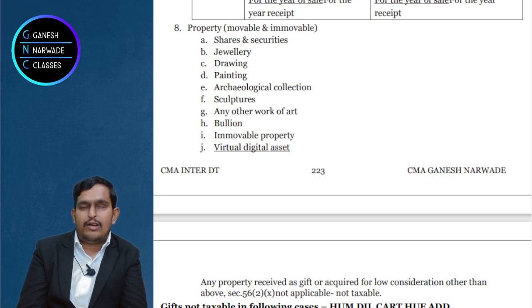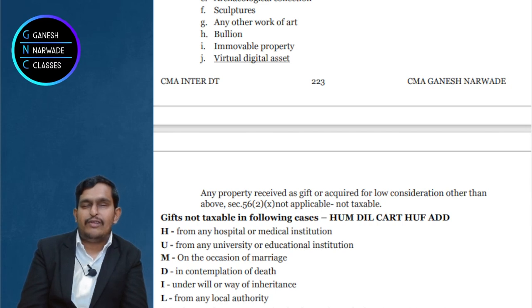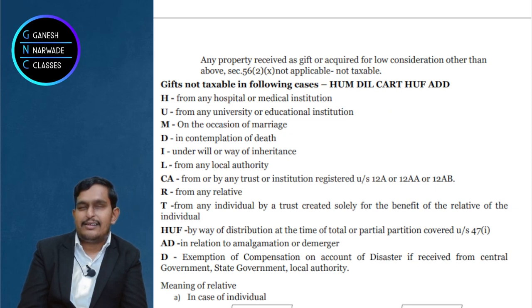So I already said to you, if it is other than these 10, such movable or immovable property will not be taxable. Now come to the important thing which we have to discuss: HUM DIL CART HUF ADD. Whatever we discussed till now under this section, this list overrides.